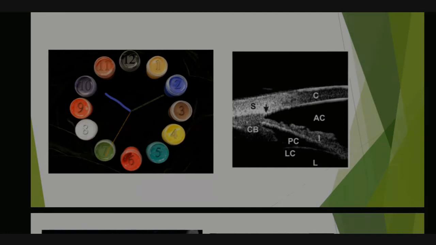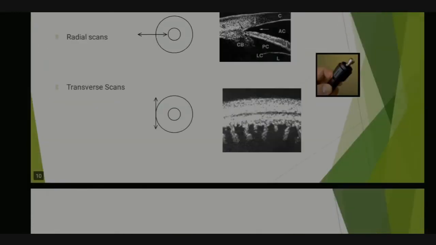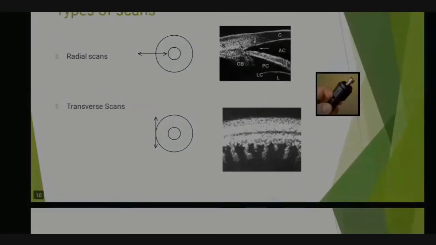So when I do the transverse of the 3 o'clock hour, that red dot will be facing towards 6 o'clock. Now you understood the drawing I did there. At the 3 o'clock hour, that arrow mark will be the radial scan. When I place it at 6 o'clock, it will be a transverse image.